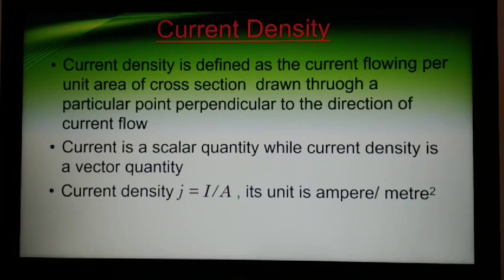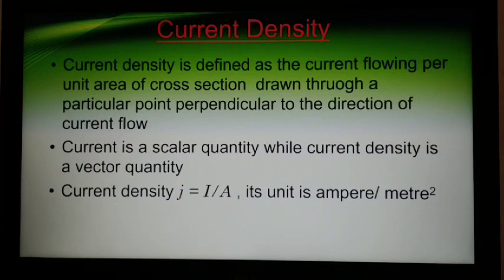The current density is defined as the current flowing per unit area of cross section drawn through a particular point perpendicular to the direction of current flow.